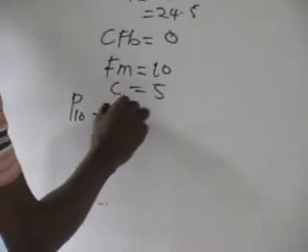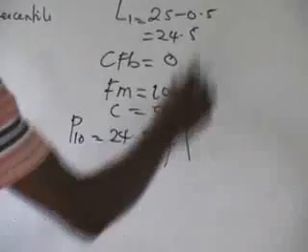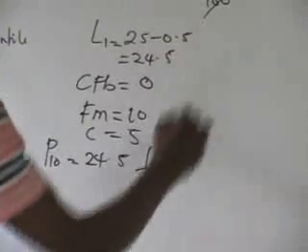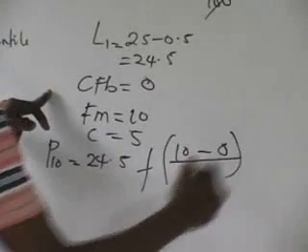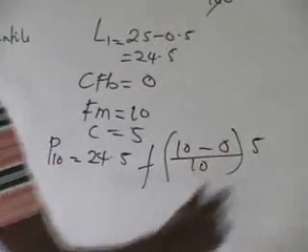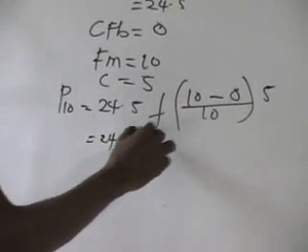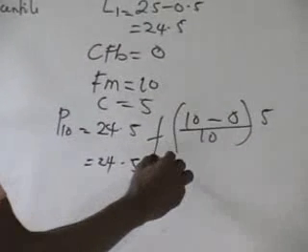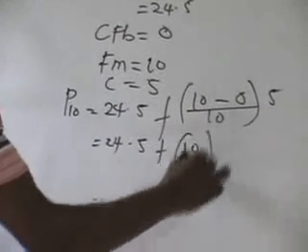So let's go there. The 10th percentile equals L1, which is 24.5, plus 10 minus CFB, which is 0, divided by Fm, which is 10, then bracket C, which is 5. So we have 24.5 plus 10 minus 0, we have 10, 10 over 10, bracket 5.